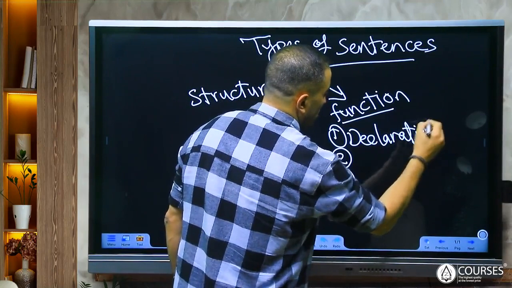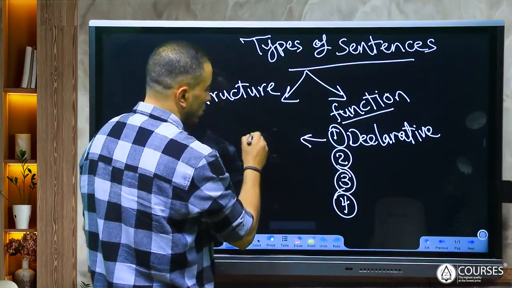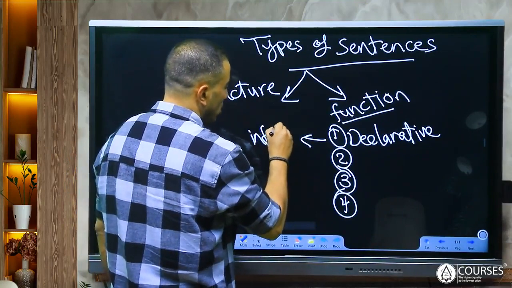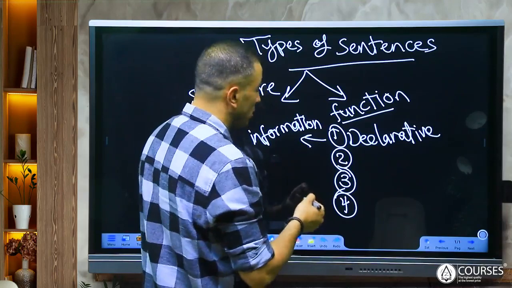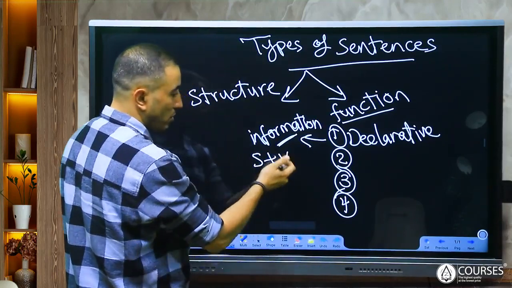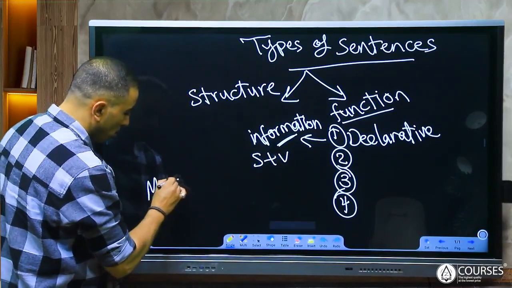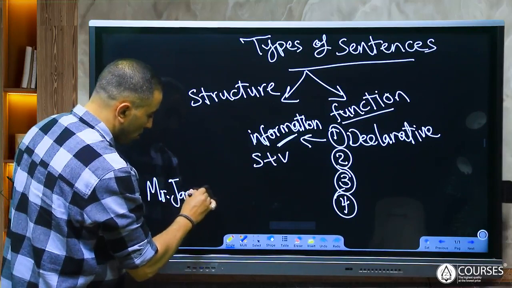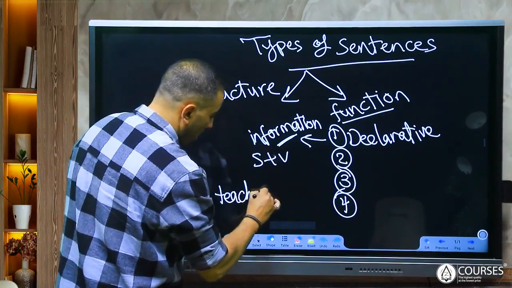Declarative sentence. The declarative sentence gives me information. Some people call it the informative sentence, and it consists of subject plus verb. For example, Mr. Jamal teaches English.